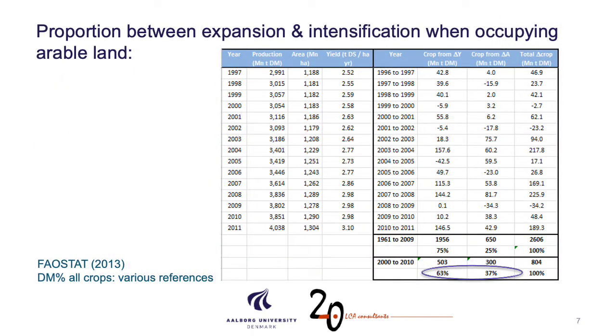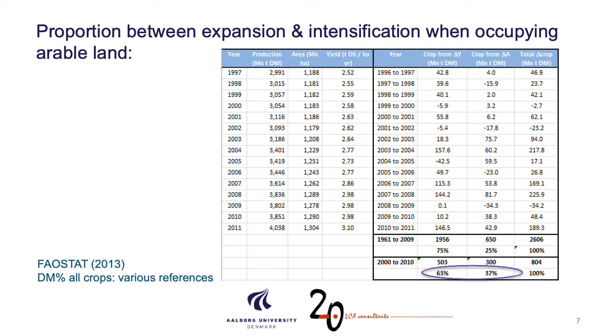Now let's look at the proportion between expansion and intensification when occupying arable land. From FAOSTAT, we can see that over time there is an increase in the demand for products.